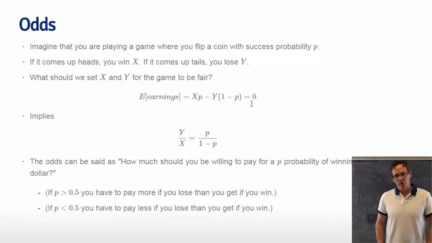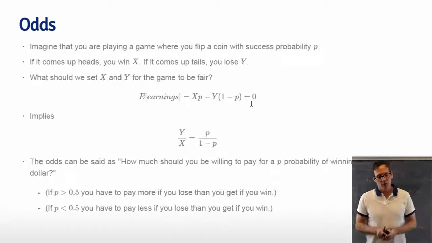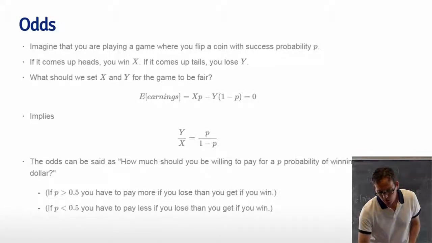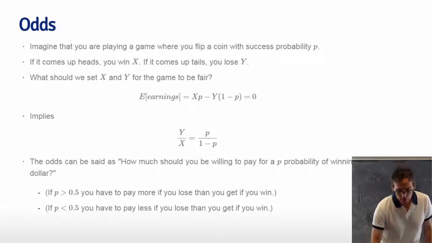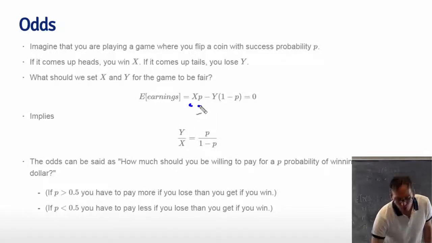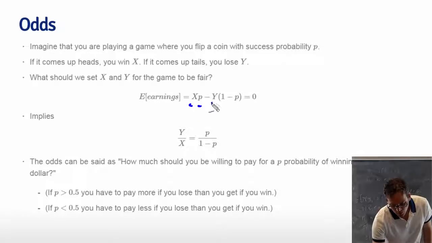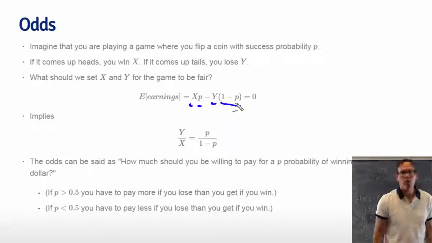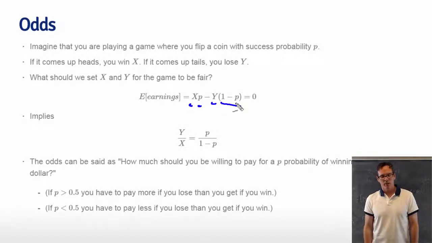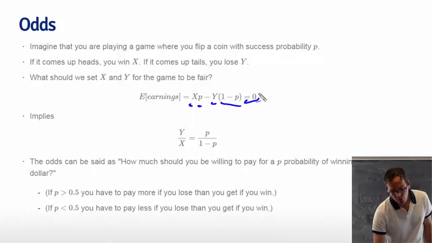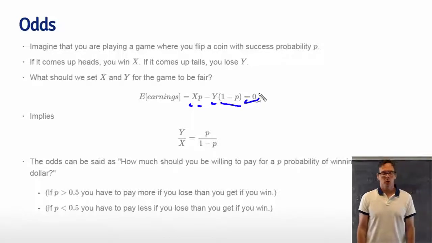So what are your expected earnings? Well, if you took the inference class, you would know that your expected earnings is how much you would win given the coin came up heads, minus how much you would lose given the coin came up tails. And if we want it to be a fair game, we want our expected earnings to be equal to 0.